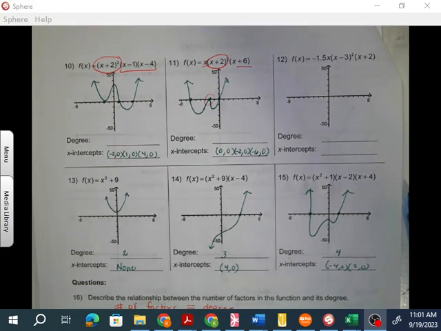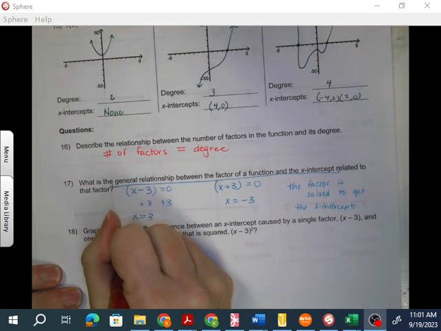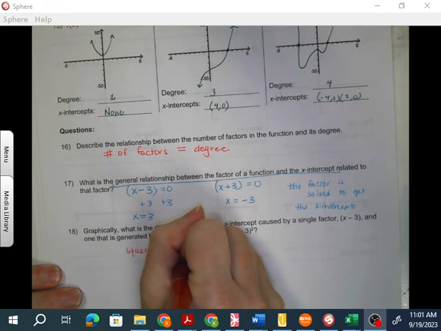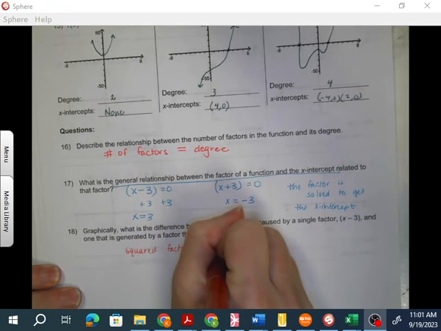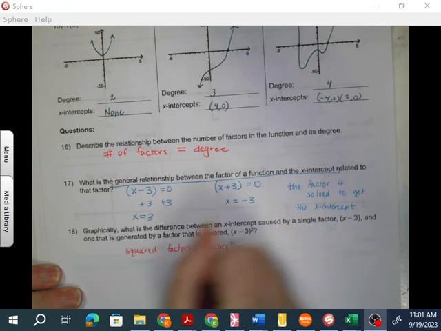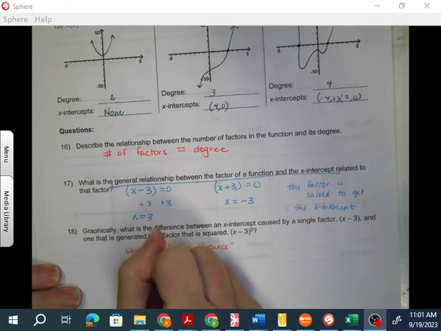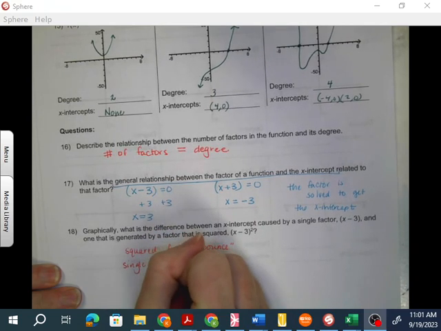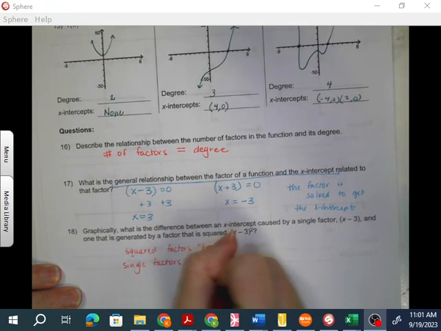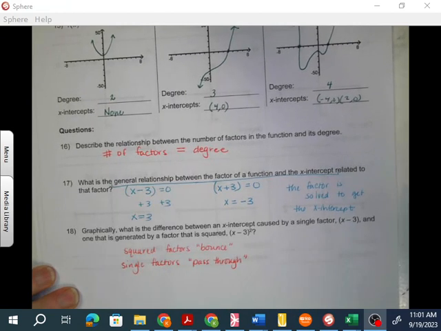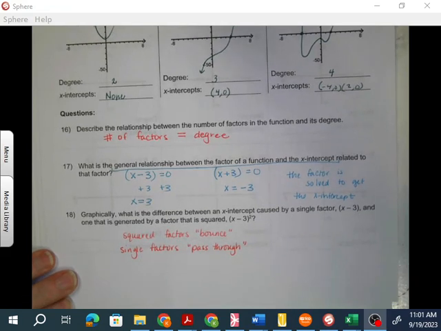So if that factor is squared, there's a bounce. Squared factors bounce, single factors just pass through.